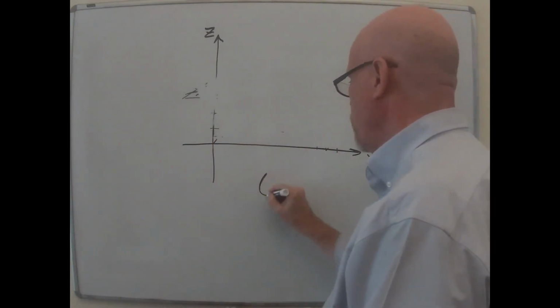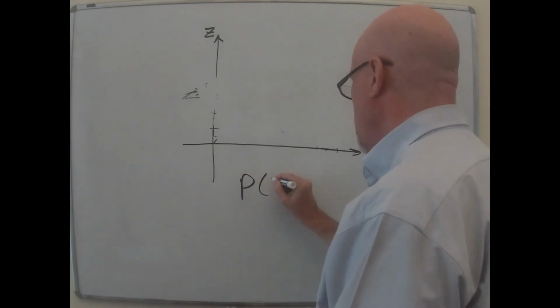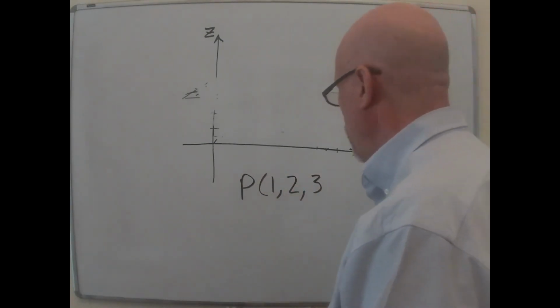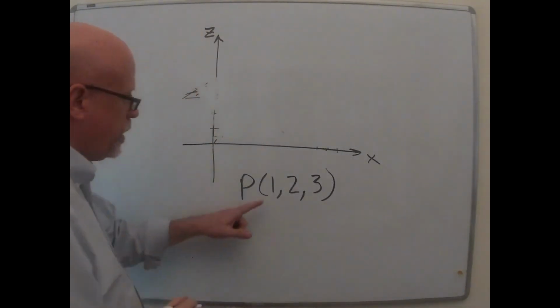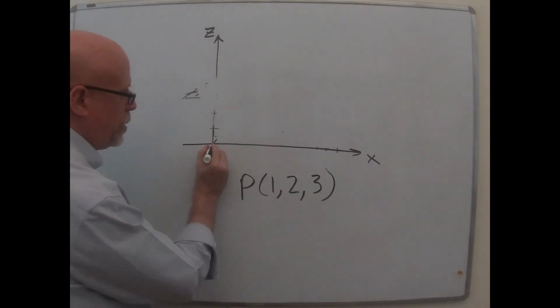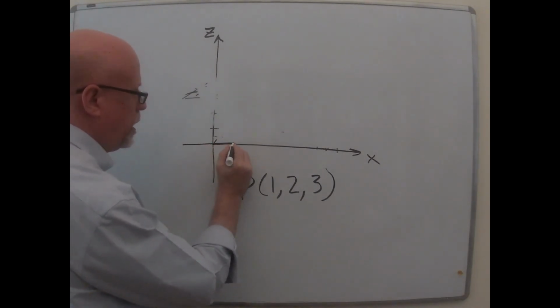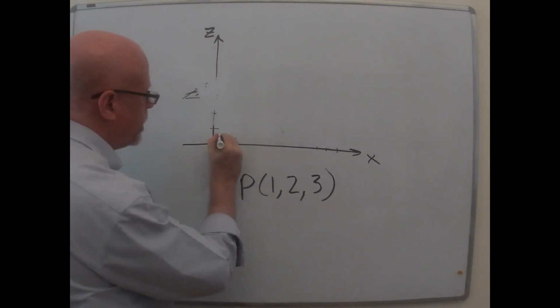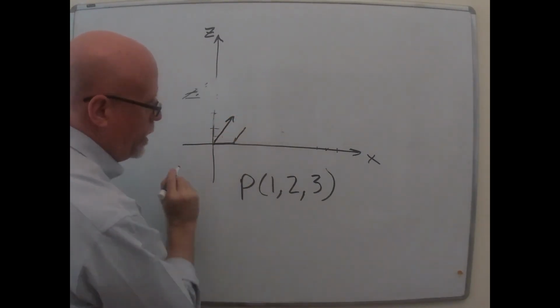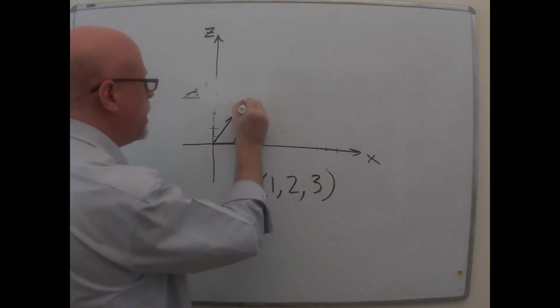Suppose I wanted to draw the point P, which has coordinates 1, 2, and 3. What I would do is think about moving separately in the x, y, and z directions and trace those paths. So go 1 out along the x, then go back, I erased y, sorry. Go back in the y direction 2, and finally go up 3.